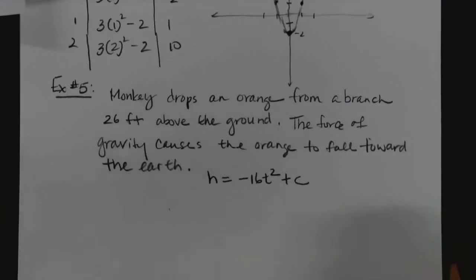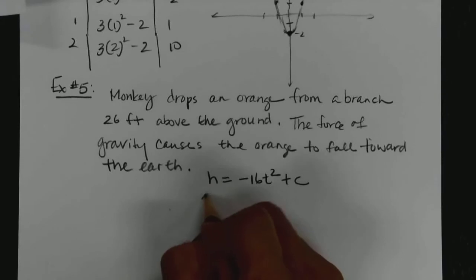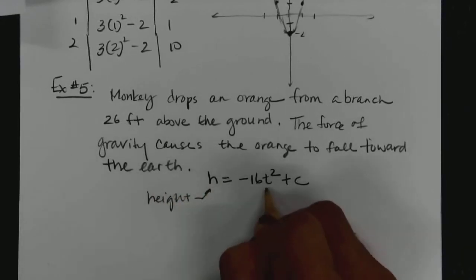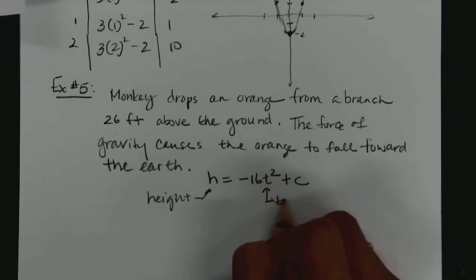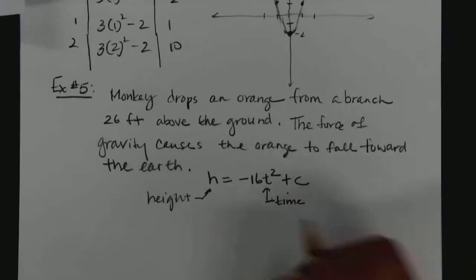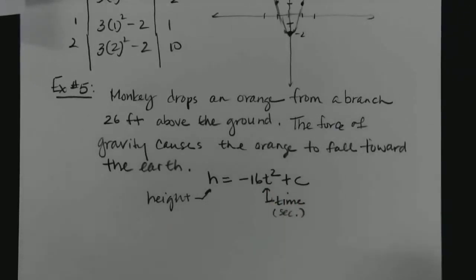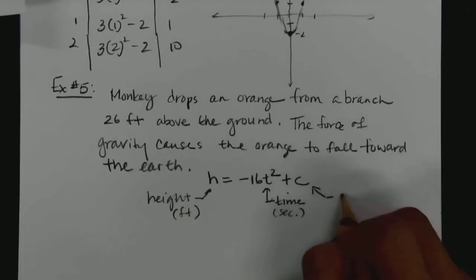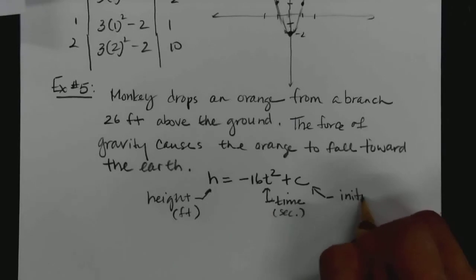What is the gravity in meters per second? 9.8. This is in feet per second squared. H stands for height of the object. T stands for the time in seconds. This is in feet.